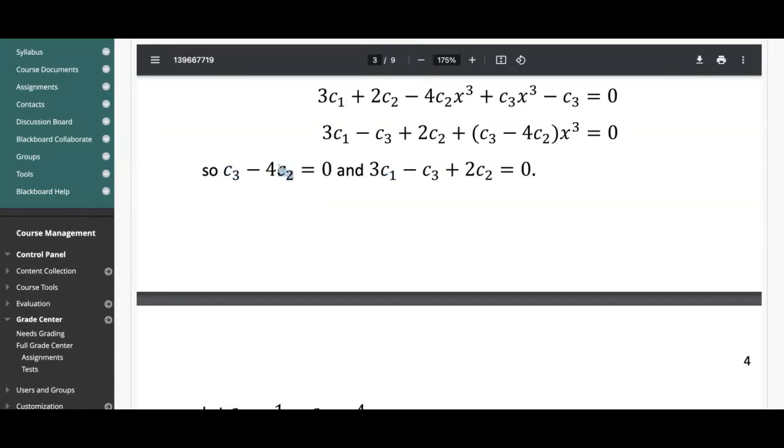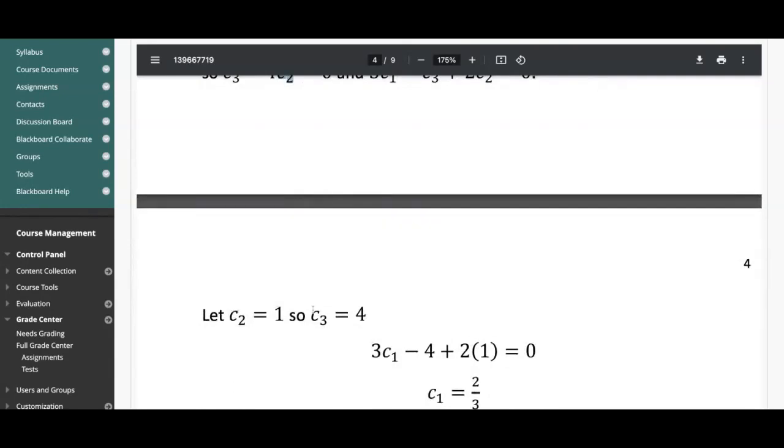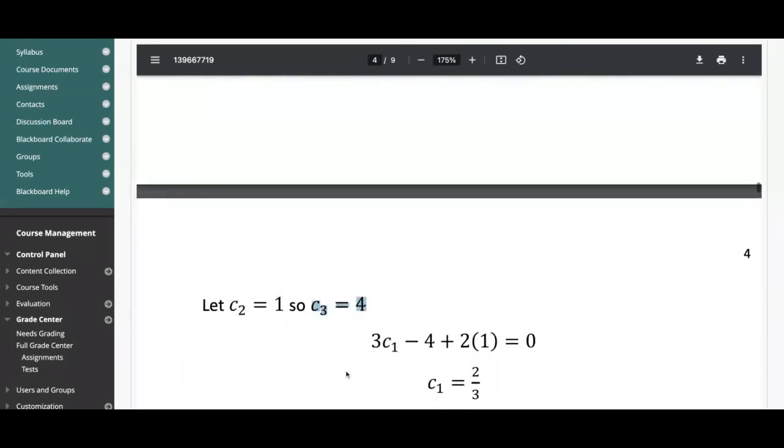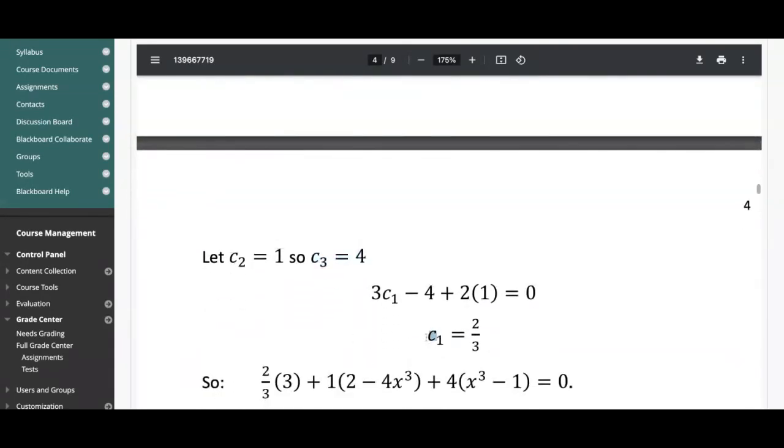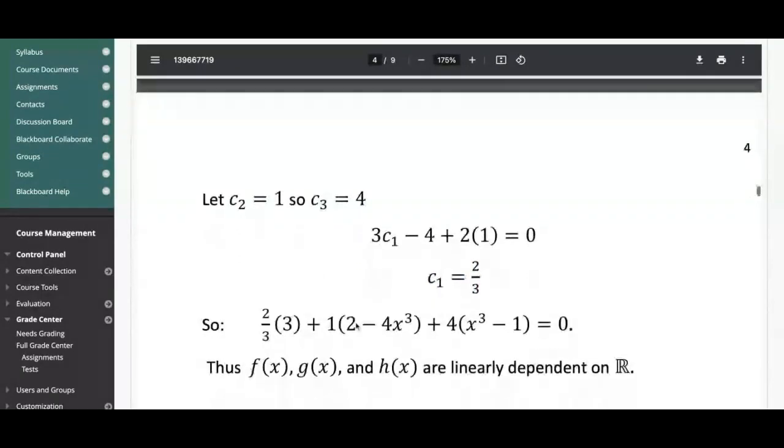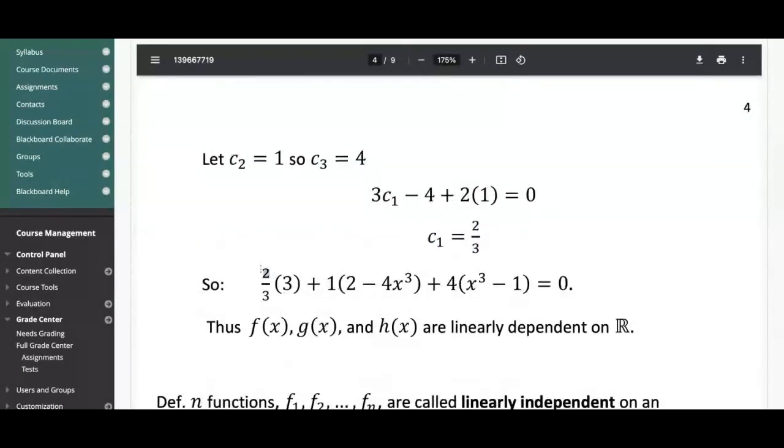So we pick C2 equals 1. We solve for C3 equals 4. Then we solve for C1: C1 equals 2 over 3. If we plug in, indeed, we get 0.